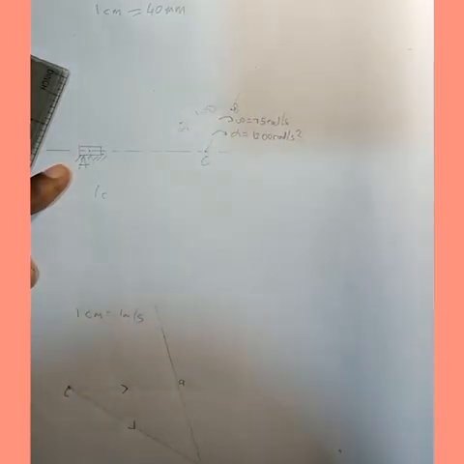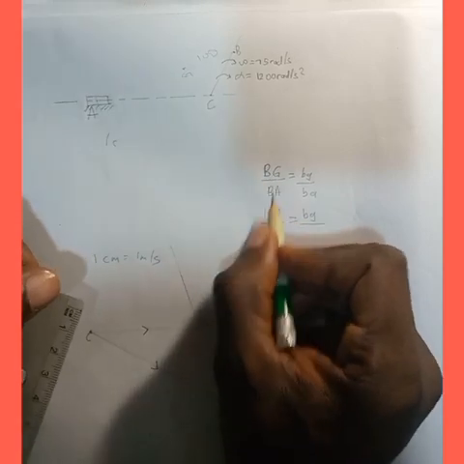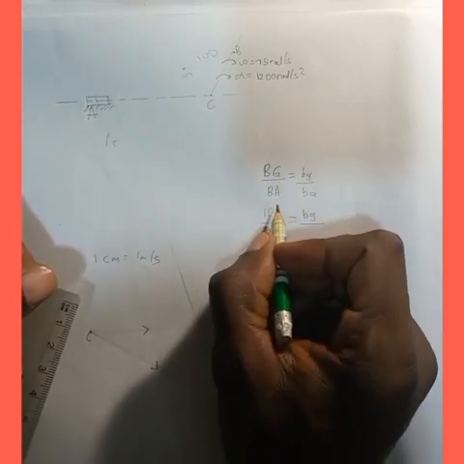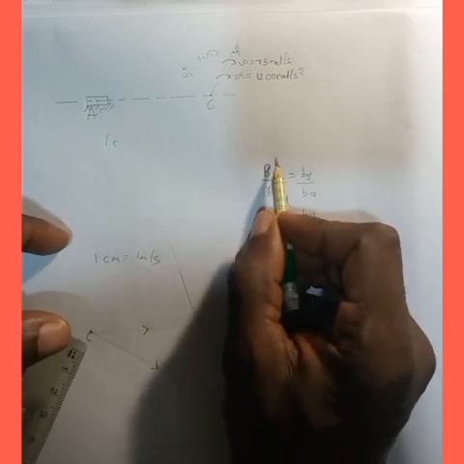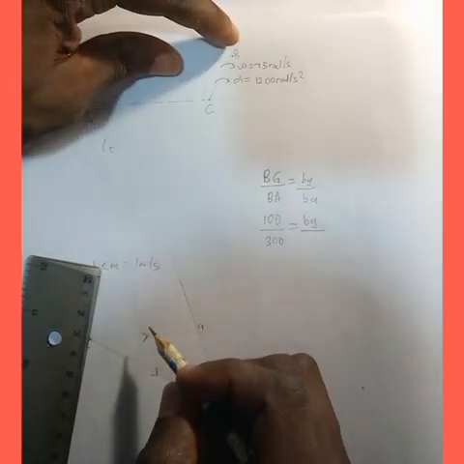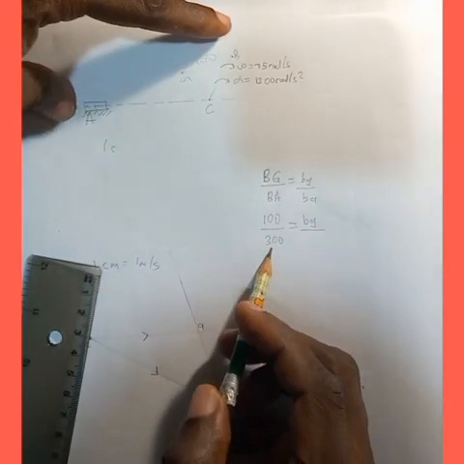So we need to locate point G on line AB here as well. So this is your BG over BA equals small bg over small ba. Capital BG is from the configuration diagram and from what we have been given in the question. BG is given by 100, while BA is given by 300.